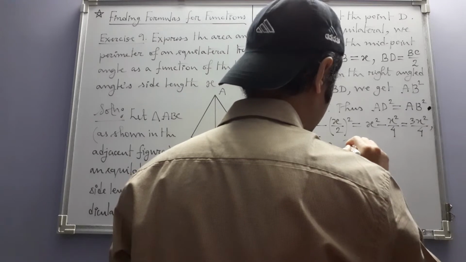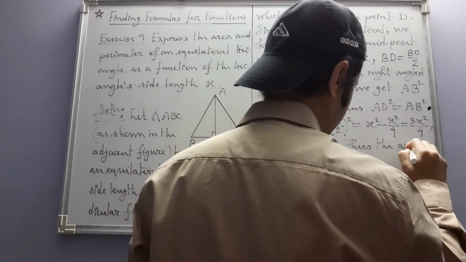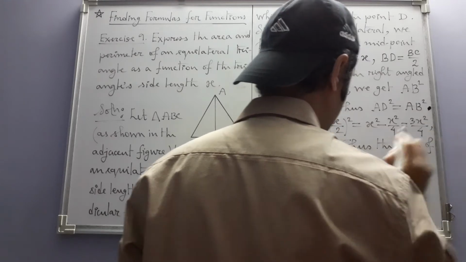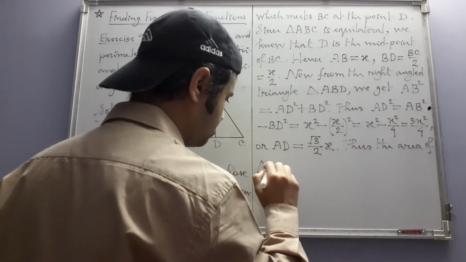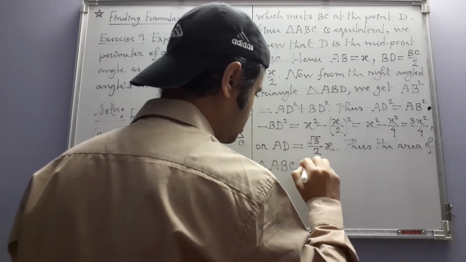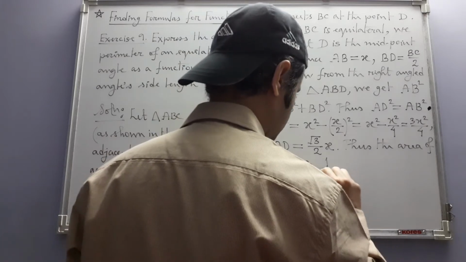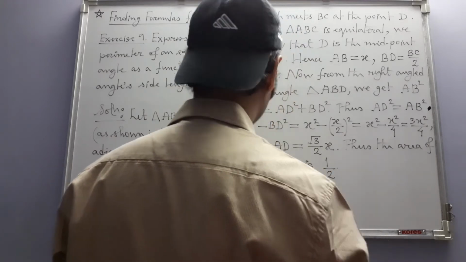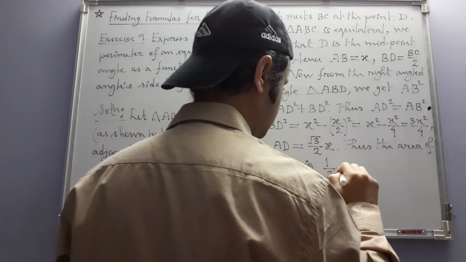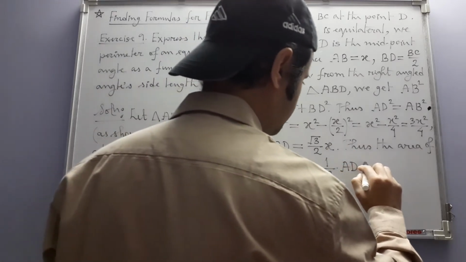Thus, the area of triangle ABC is 1/2 of AD times BC.